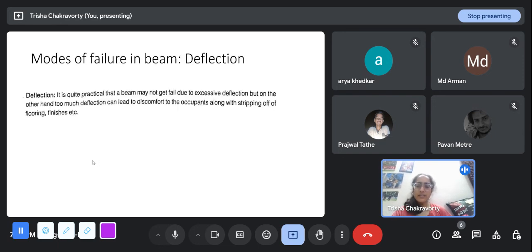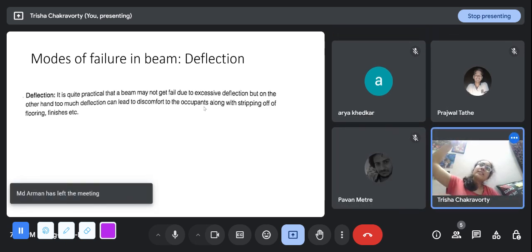And there's another, the common one, deflection, that is there in all structures, even in concrete structures. It is quite practical that a beam does not fail due to excessive deflection, but on the other hand, too much deflection can lead to discomfort to the occupants. If a resident sees that the ceiling is sagging, they will feel uncomfortable.